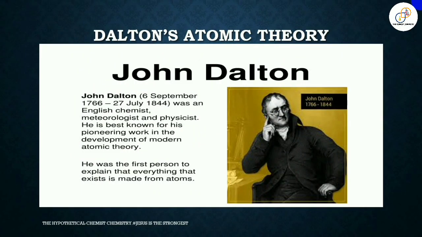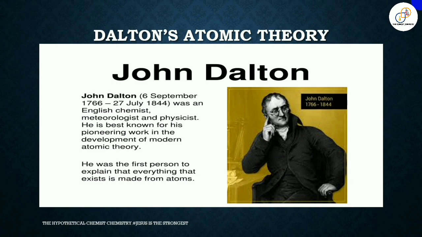Dalton's atomic theory. John Dalton's atomic theory. In our recent video, we learned that matter is made up of tiny or discrete particles, and the idea behind that is termed the particulate nature of matter.